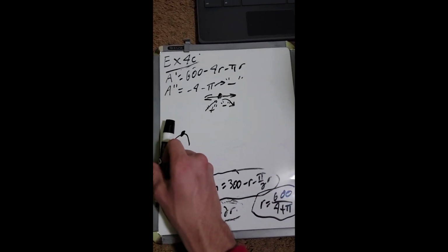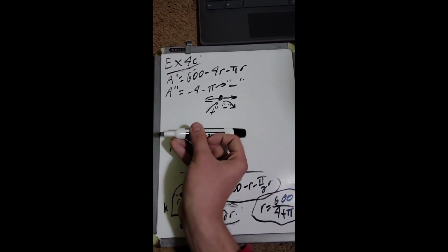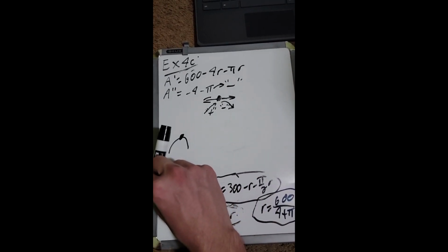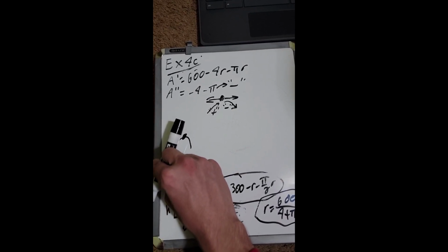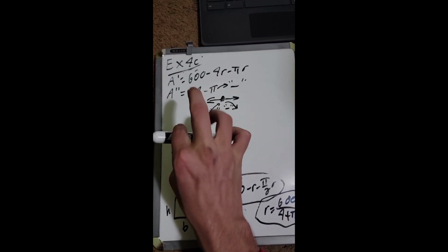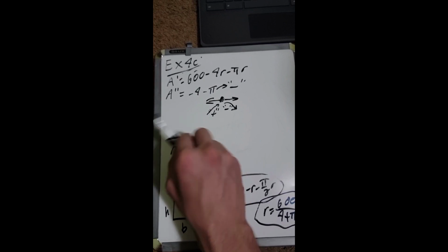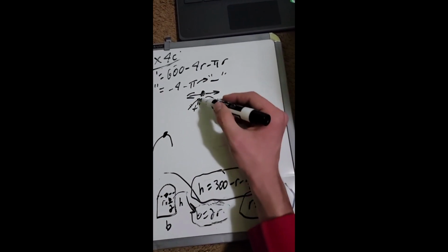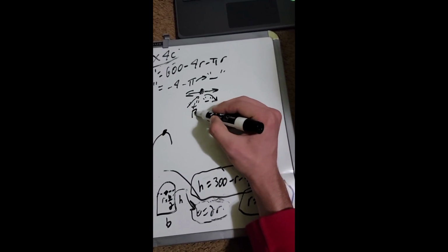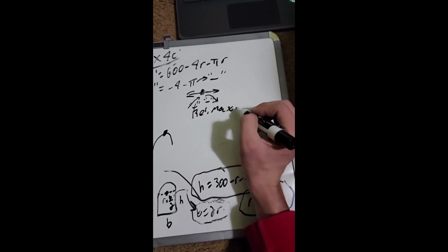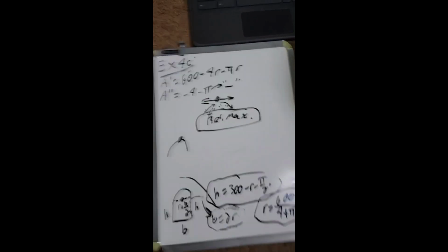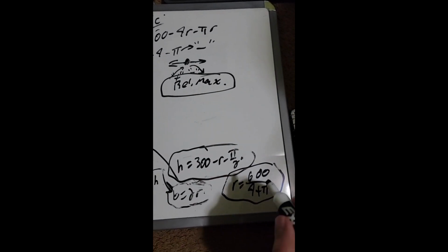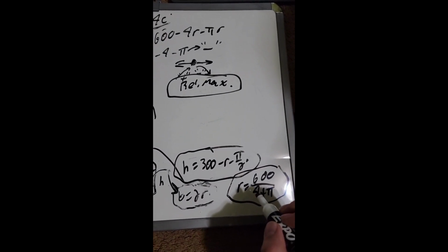So our first derivative will look like this throughout, and then it's going to go down there. But our second derivative will say, hey, it's decreasing the entire time. So that's how we can figure out, hey, this is a relative max, which is what we're looking for, which is a good sign. So we verified that this is a relative max.